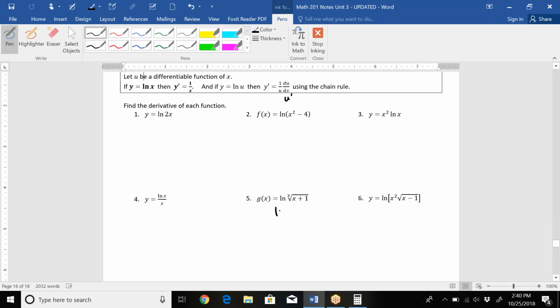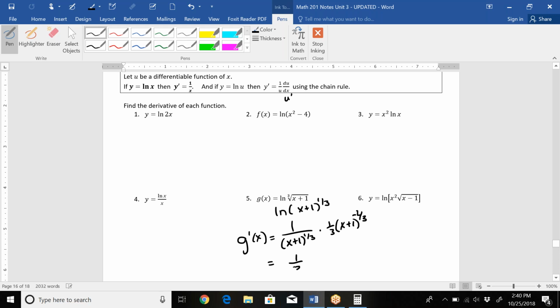So for this guy, you might want to rewrite it as x plus 1 to the 1/3. So the derivative is 1 over x plus 1 to the 1/3 times the derivative of this, which would be 1/3 x plus 1 to the negative 2/3, because we'd have to subtract a power. And the derivative of that chain inside is just a 1, so we're okay there.